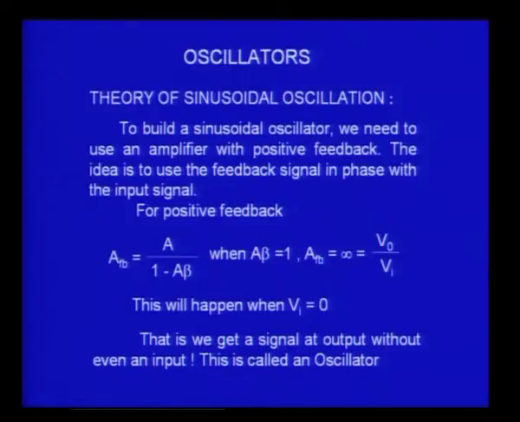In order to build sine wave oscillators, as you can see on the screen, we need to use a well known amplifier. Any amplifier can be converted to become an oscillator, but you have to give a feedback. To become an oscillator, an amplifier should be given a feedback.